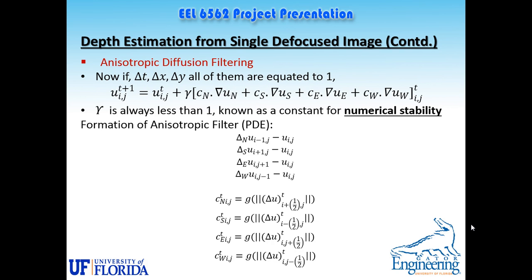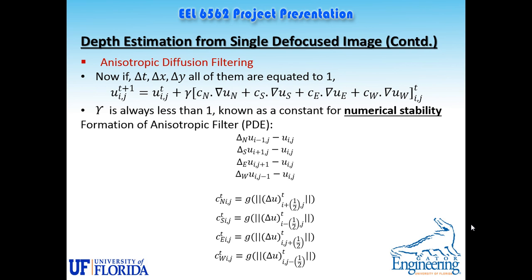So finally, after the discretization and taking the values of del t, del x, and del y to be 1, we get the final anisotropic diffusion filtering equation: u(i,j) at t plus 1 equals u(i,j) at t plus gamma times a whole part, which I will explain later.